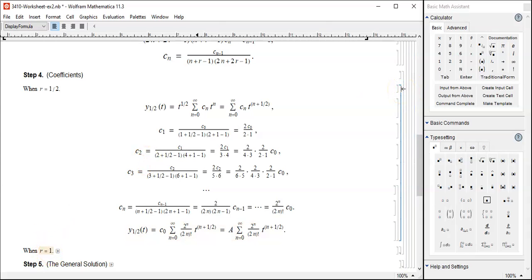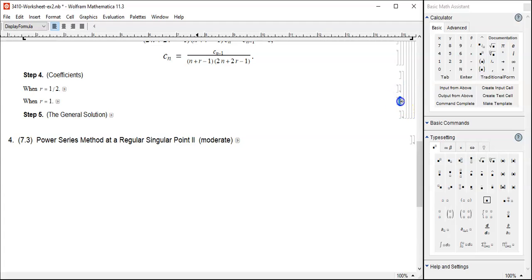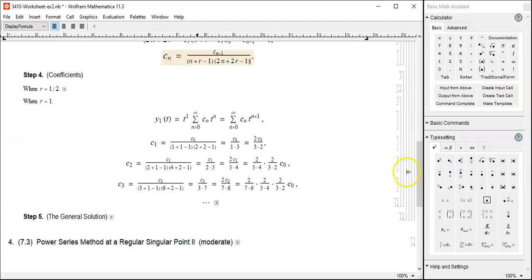All right, let's go ahead. Same recursive relationship here, and this time the r value is 1, so the same power series expansion, and then Frobenius factor t to the 1 power. So we have t to the n plus first power here, and let's find out those coefficients.